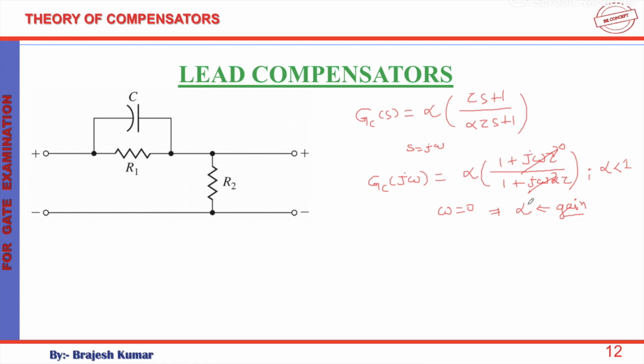Clear? So at zero frequency the network has a gain of alpha, and alpha is less than 1. The inverse of gain is basically attenuation, so we can say that at zero frequency the network has a gain of alpha, or in other words an attenuation of 1 upon alpha.